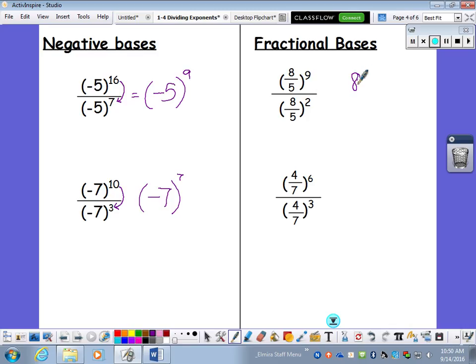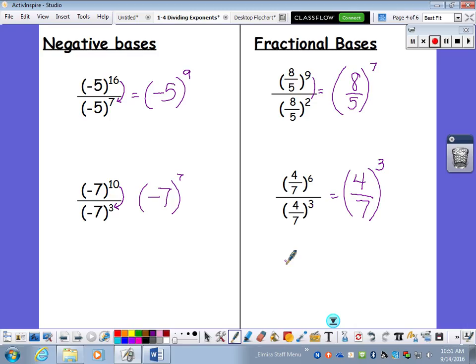Keep your fraction in parentheses, and 9 minus 2 is 7. Keep your fraction in parentheses, and 6 minus 3 is 3. Okay, so don't let the parentheses throw you.